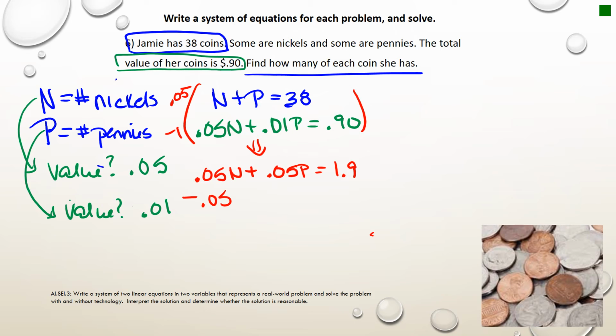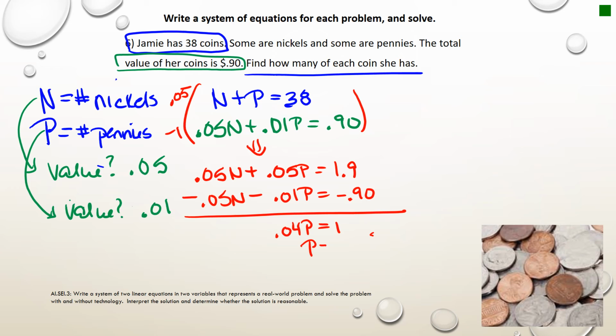Negative 0.05N minus 0.01P equals negative 0.90. This gives me 0.04P equals 1. I'm going to take 1 divided by 0.04, and I find out there are 25 pennies.